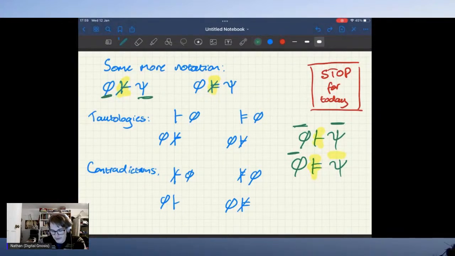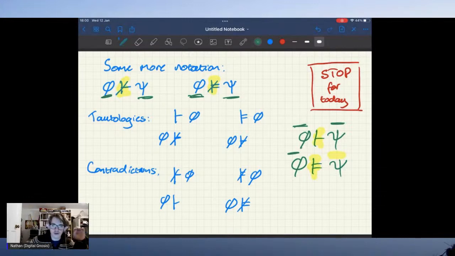It means that there's some Tableau that we can create, with all of the terms that are in phi, with the negation of psi, where there are branches that don't close. That's all that means. Phi does not semantically entail psi means that there is some model, some structure, a row in a truth table, in which all of our terms on the left, phi, are true, and our term on the right is false.